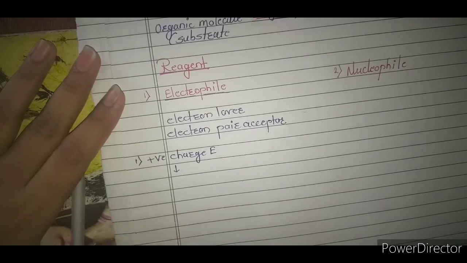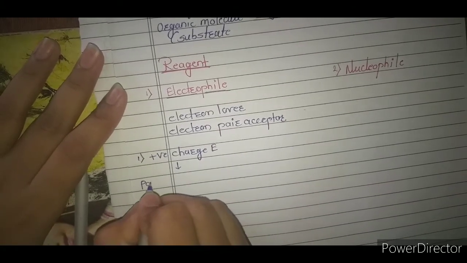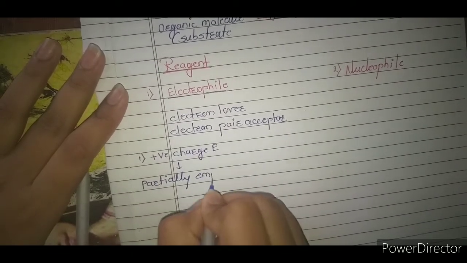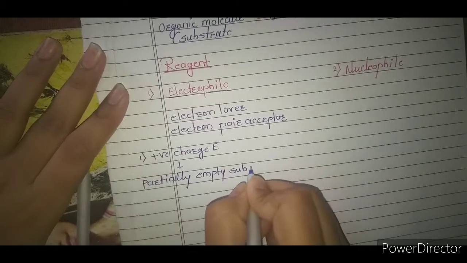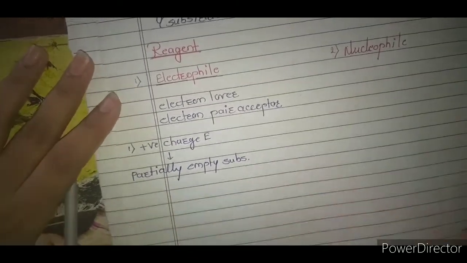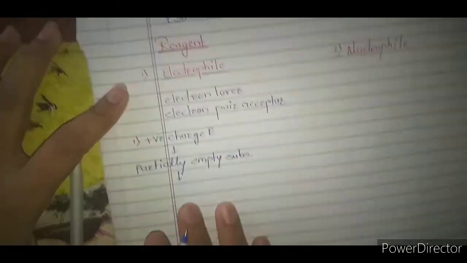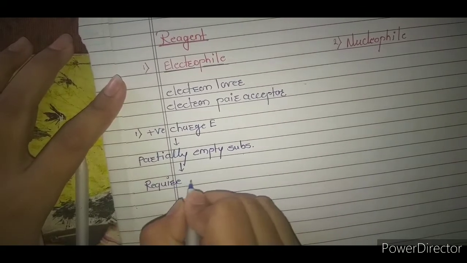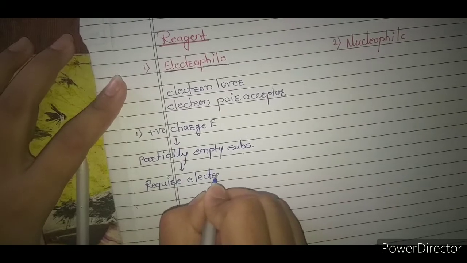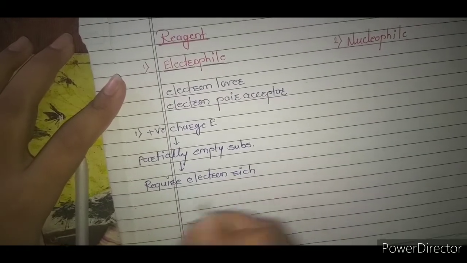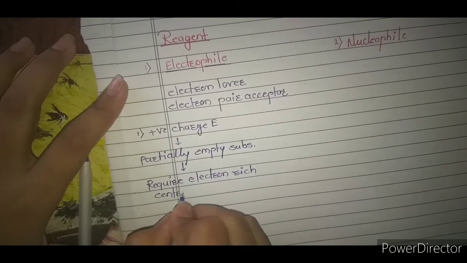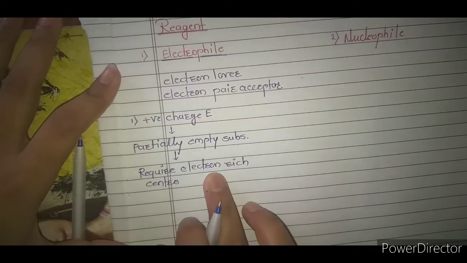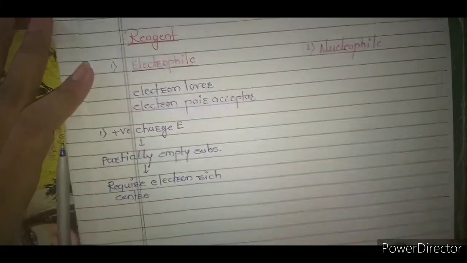This positively charged electrophile is partially empty, or it requires an electron rich center to accept electrons. Okay, it requires an electron rich center to accept electrons.